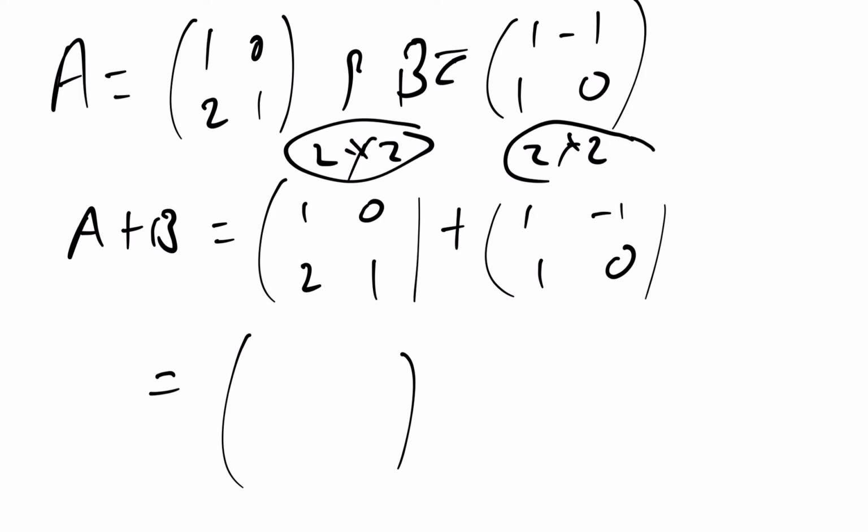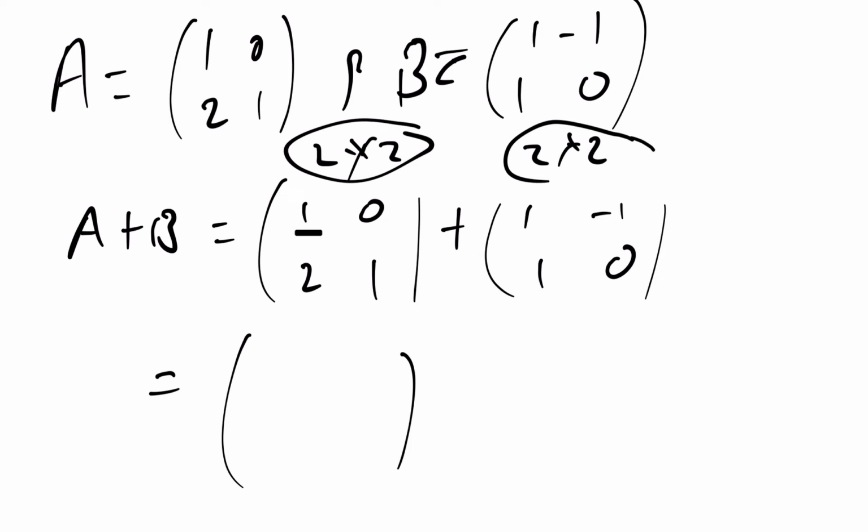Here we're going to say, okay, when doing the addition, elements with corresponding positions are the ones that are being added. Here we start with this one, so we'll say 1. 1 is positioned in row 1, column 1.